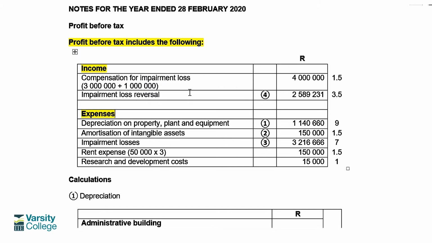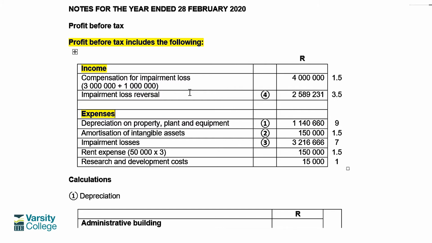So what I suggest you do is just start your PBT note, put a heading in income, put a heading in expenses, and straight away put in the items that were easily identified and easily calculated. So if we look at under income, those 2 figures were given, compensation for impairment loss from the insurance companies.